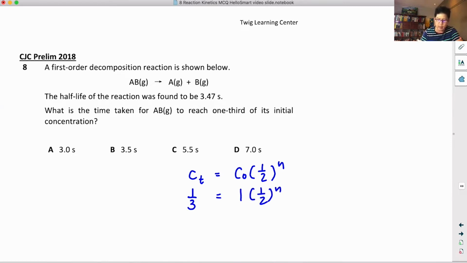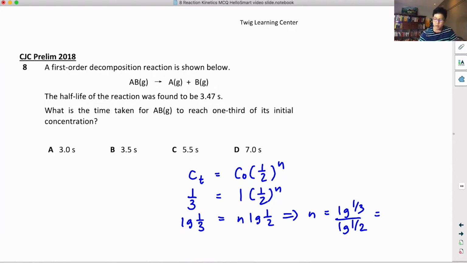So you do the math to calculate the number of half-lives. You have to take logarithms: log 1/3 equals n log half. So n equals log 1/3 over log half, which equals 1.6. So that's 1.6 half-lives.